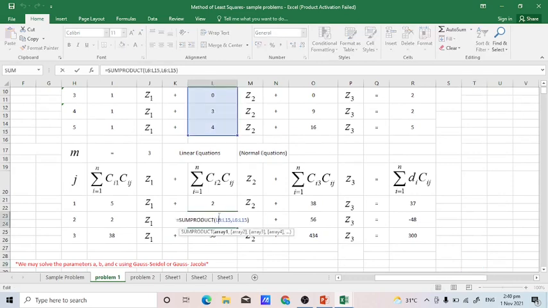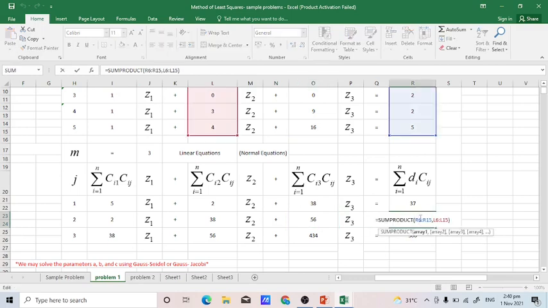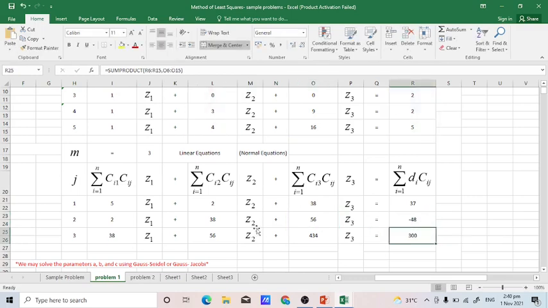Basta, pag ano nyo, i-discover nyo yan, i-explore nyo, no? Sumproduct. Kung paano nyo makukuha yung mga 3 normal equations na yan. So, kumbaga, first normal equation, j equals 1. Second normal equation, j equals 2. Third normal equation, j equals 3. Ano?